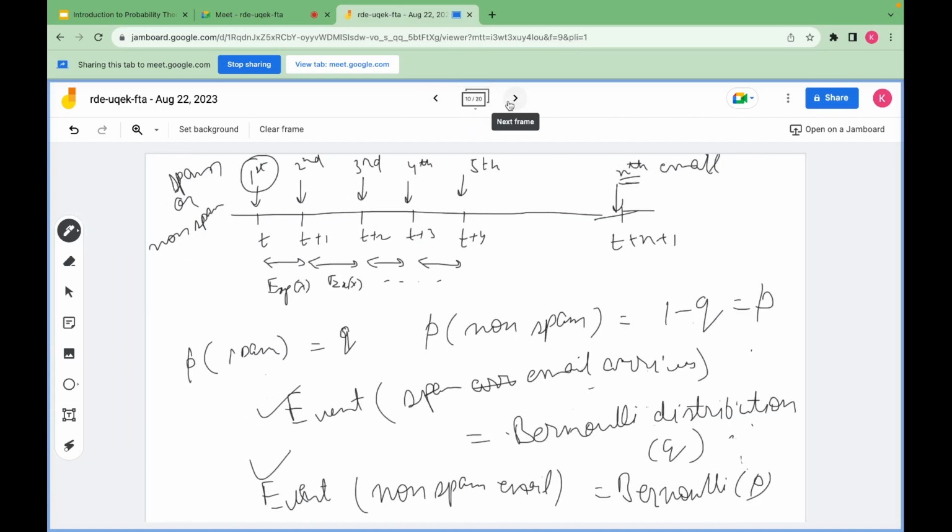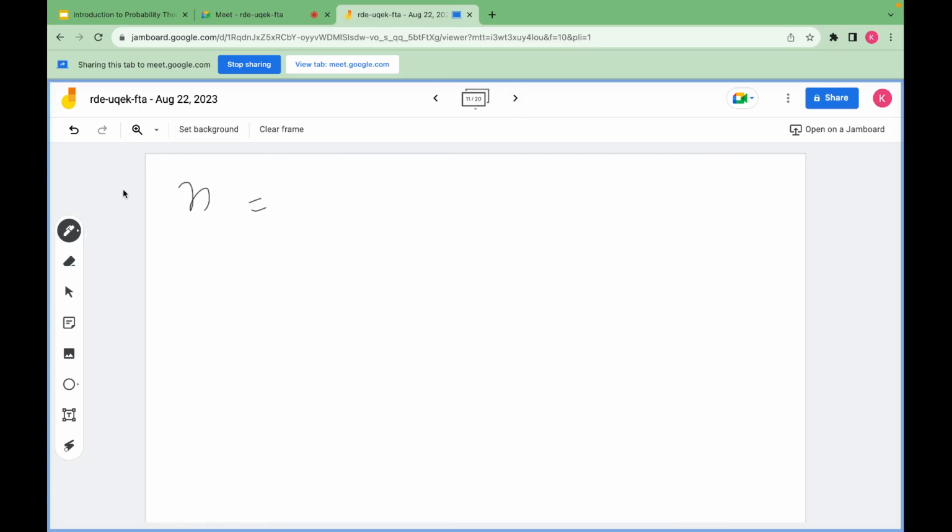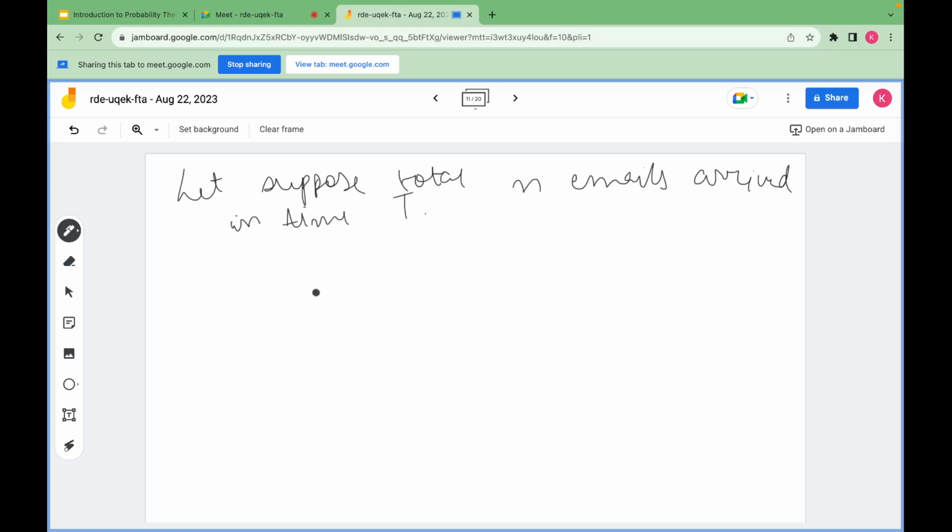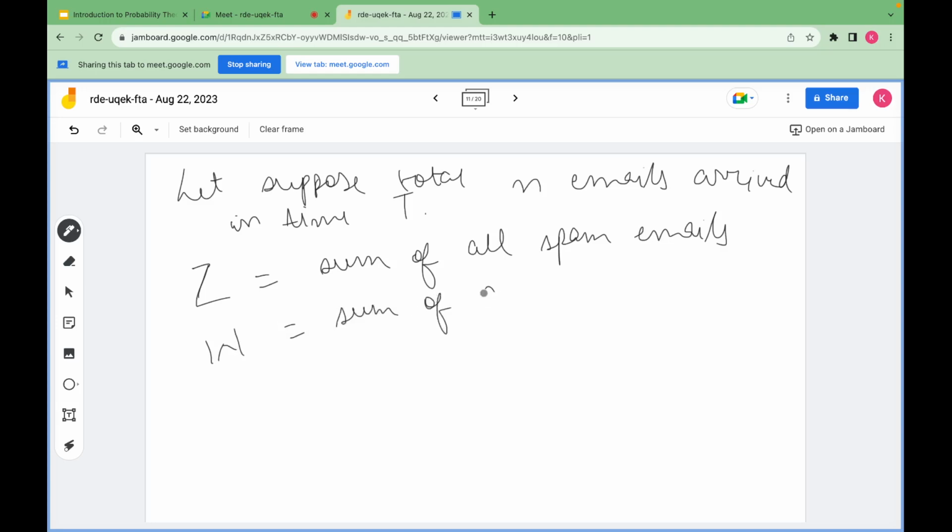So we are saying that a total of n emails arrived in some time capital T. Now let's suppose Z is the sum of all spam emails and W is the sum of all non-spam emails.